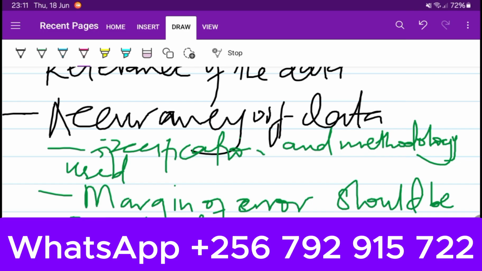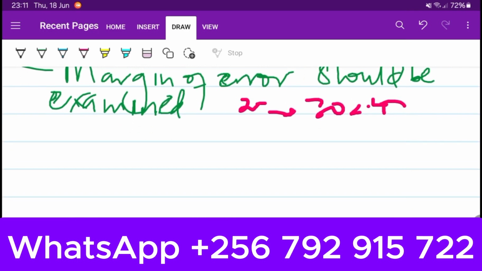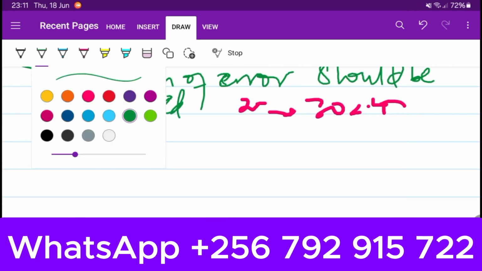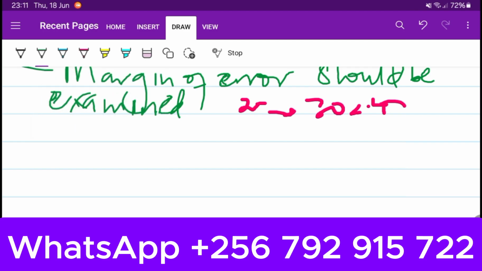So there are some errors that may happen within here. Those are the errors that we are talking about. They should also be examined, because if more errors were committed in maybe capturing the data, we may have problems.